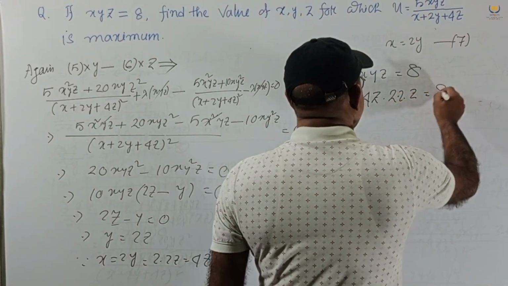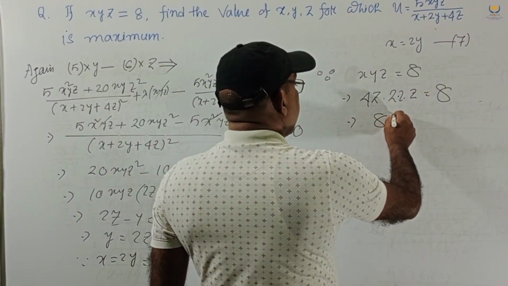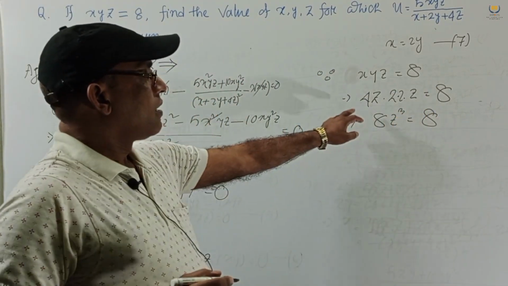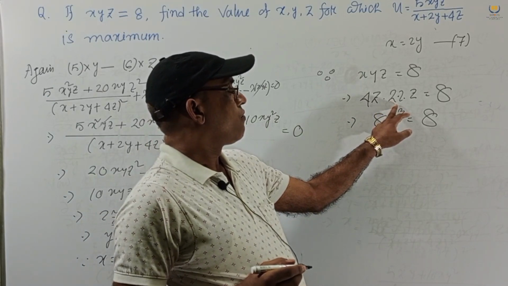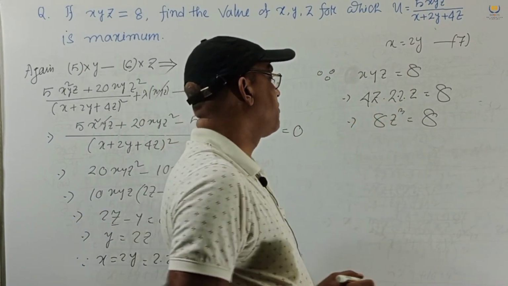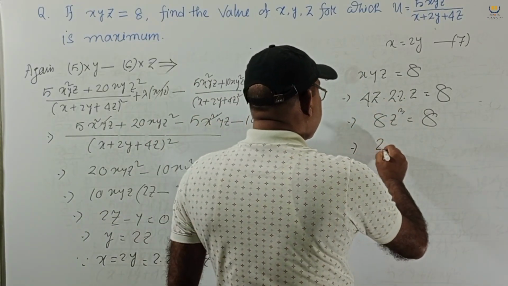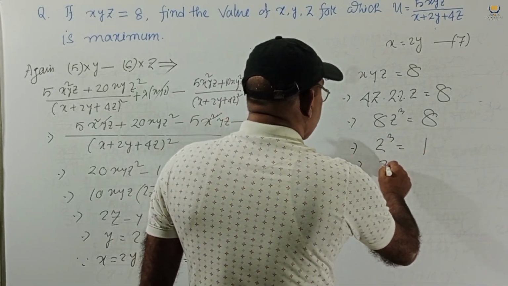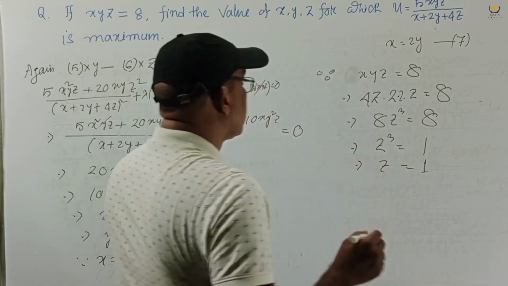This gives 8z³ = 8, since 2 times 4 is 8, so z³ = 1. Then z = 1.